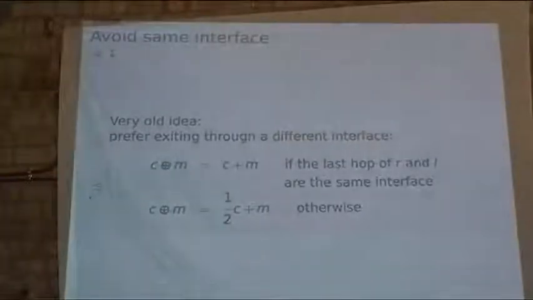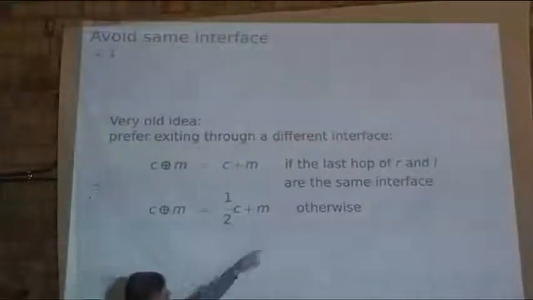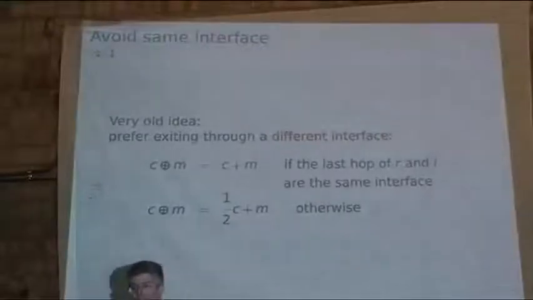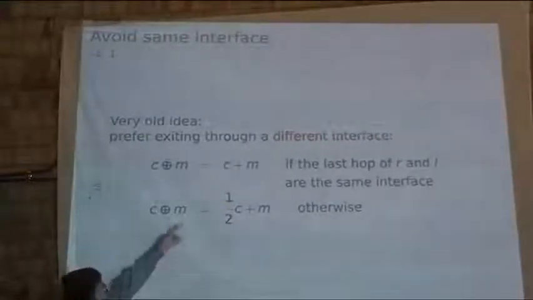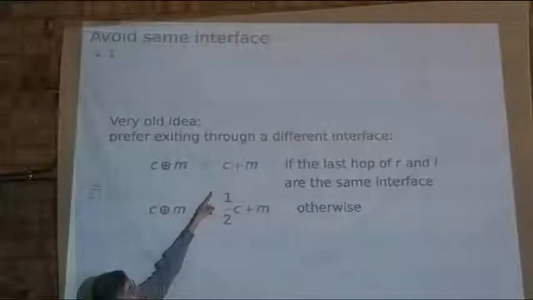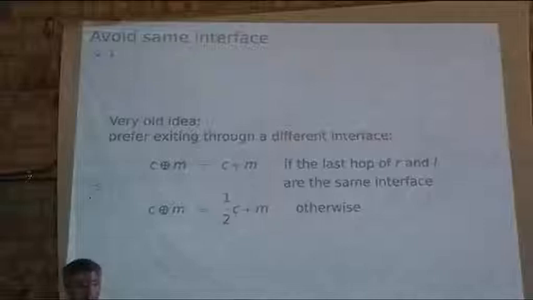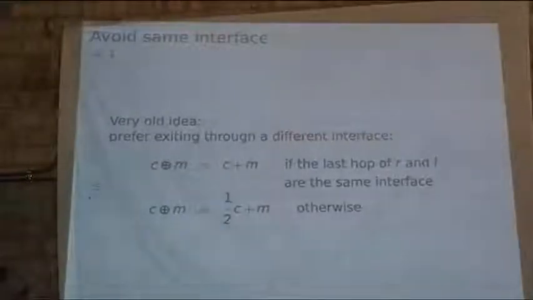So one way you can do it is that if you're hopping over a single interface, if you're pushing the outgoing packet over the same interface, you're going to assign a metric that is the addition, just as in the plain basic ETX or shortest hop routing algorithm.